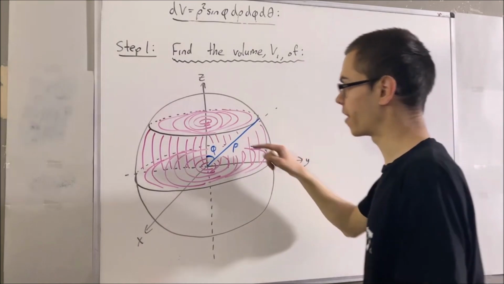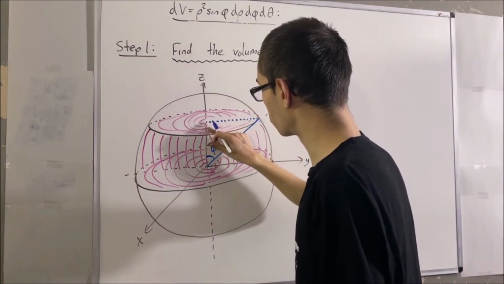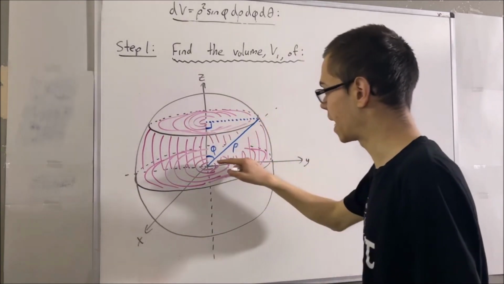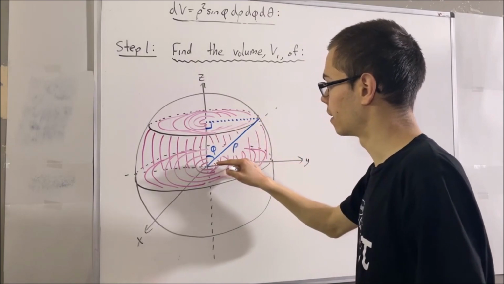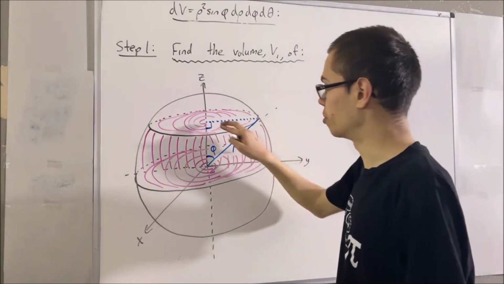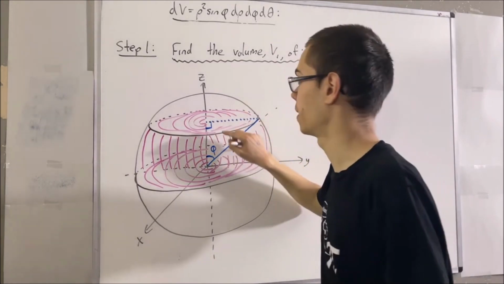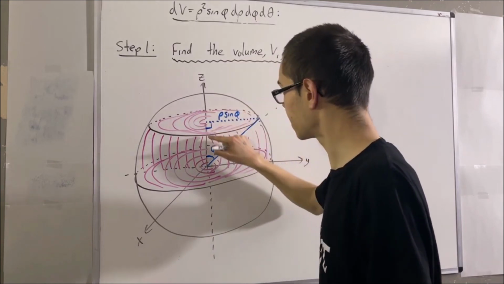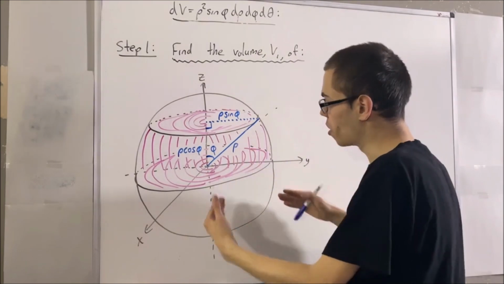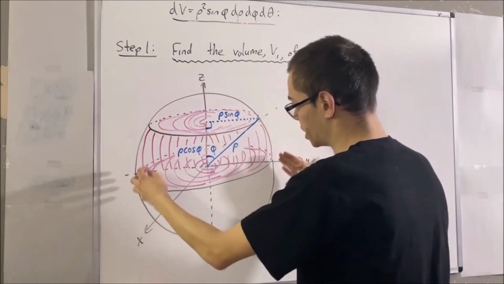Now, it turns out that the radius of this line of latitude forms a right angle with the z-axis. As a result, we have a right triangle right here. And that means that we can use trigonometry to determine that this side length is rho sine phi, and this side length is rho cosine phi. So, these are the four constraints for our region.